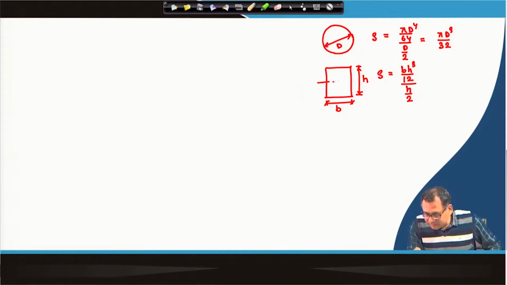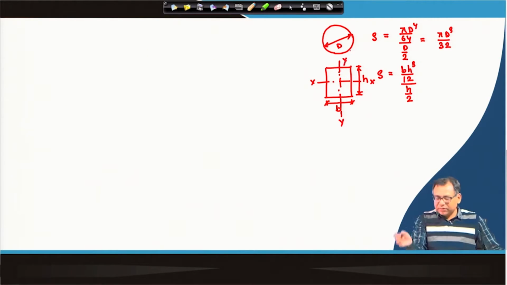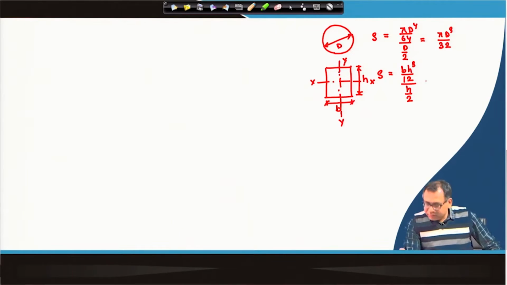Okay, because this is the x axis, and this is the y axis. So, this will be b h square divided by 6.